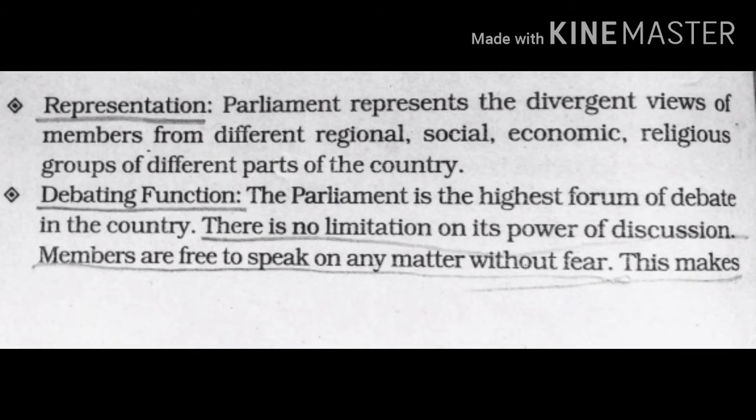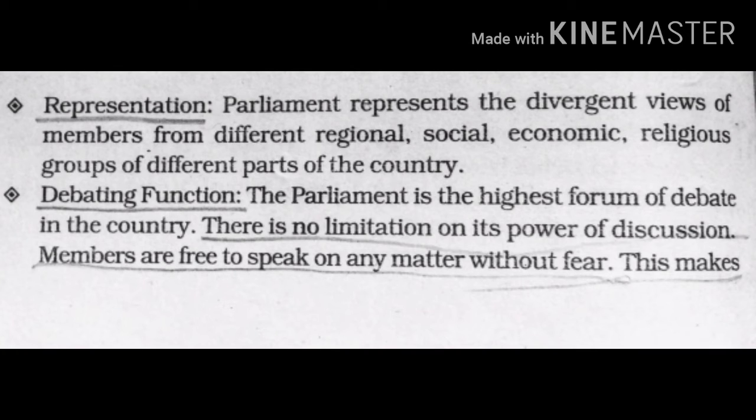Another important function of the Parliament is representation. It is a place where the representatives elected by the common people represent their society, their different religions, and their different economic and social groups from different parts of the country, because we know that there are 543 constituencies. That means there are going to be 543 representatives.